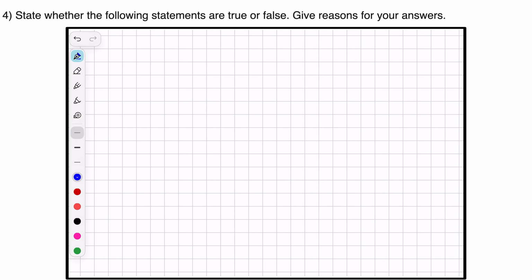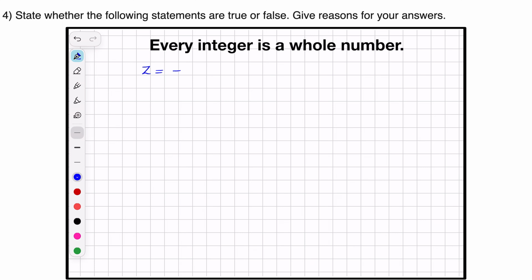The second question is every integer is a whole number. So let us write what are integers. Integers are represented by the capital letter Z, and we have numbers starting from negative infinity. Let's write -2, -1, 0, 1, 2, 3, and it goes all the way up till positive infinity. And we know what whole numbers are, right?